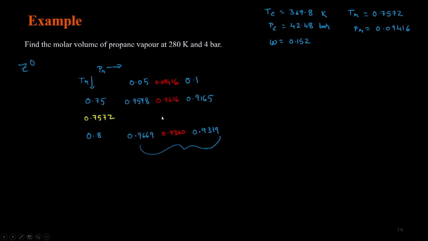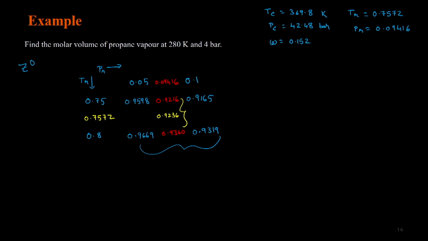So now I have it at the desired reduced pressure, but at two different TRs. I need to do a regular linear interpolation between these two numbers again to get it at the TR I'm interested in, 0.7572. And if I do that between these two numbers to get it at this condition, it turns out to be 0.9236, right?